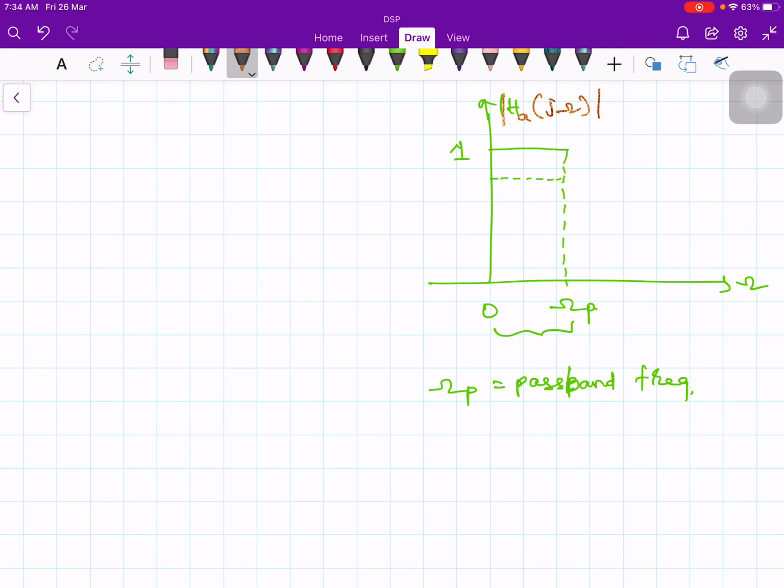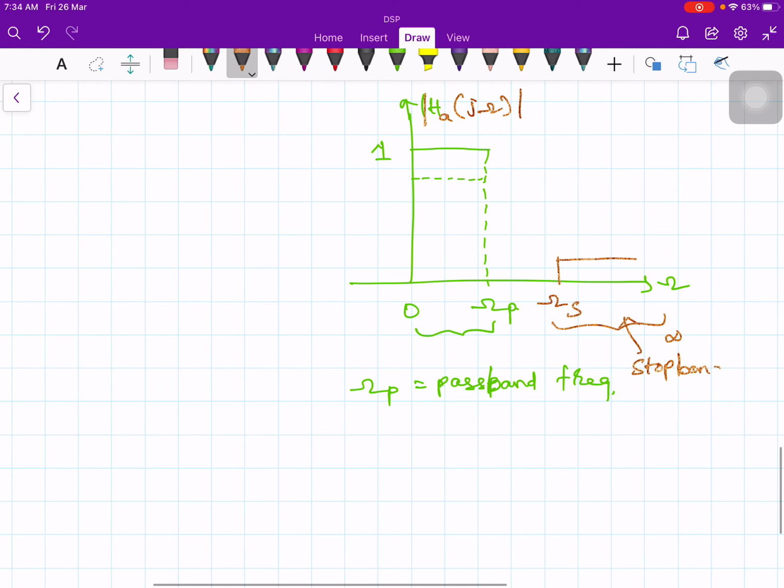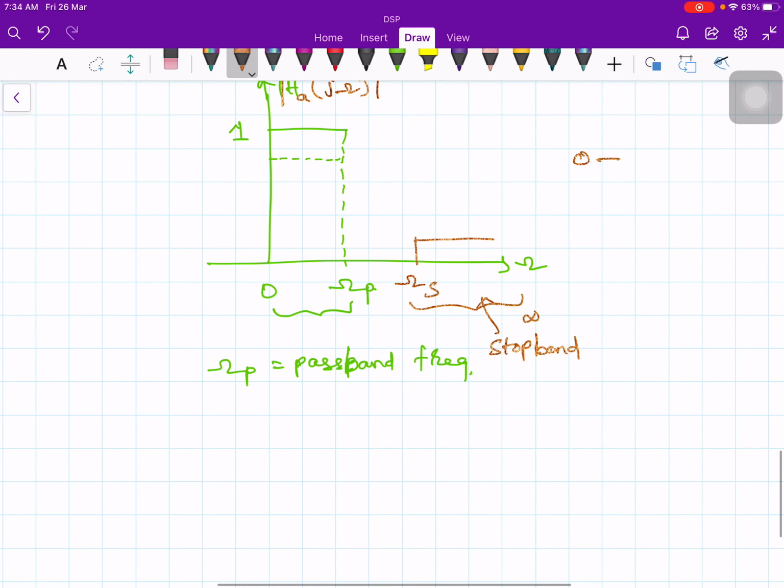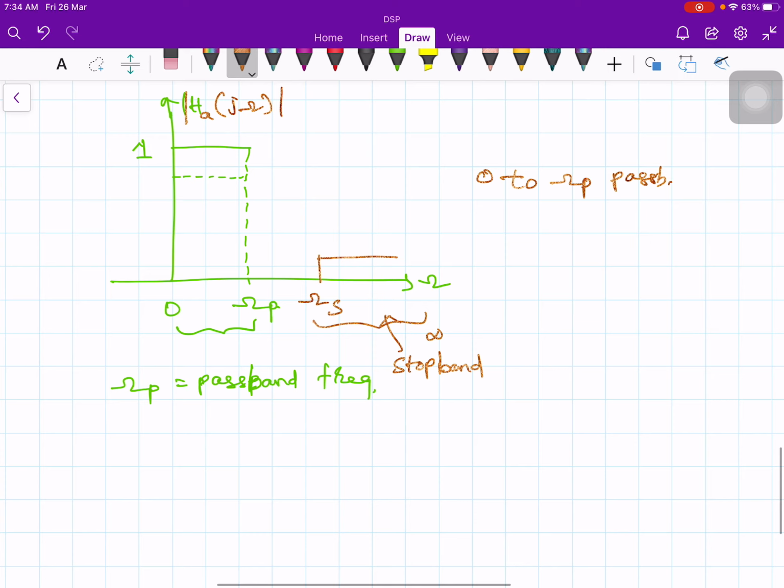So the stop band will start somewhere here. It goes like this, and this is omega s. From omega s to infinity, this is called the stop band. Let me write down here: 0 to omega p is the pass band, and omega p to infinity is the stop band.